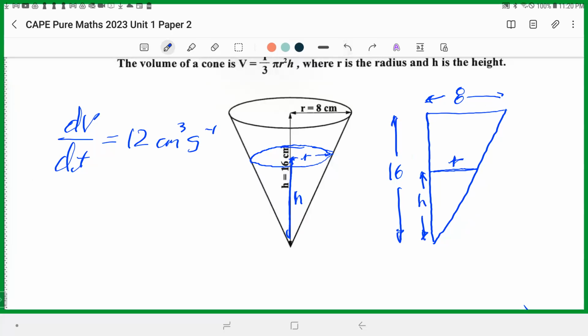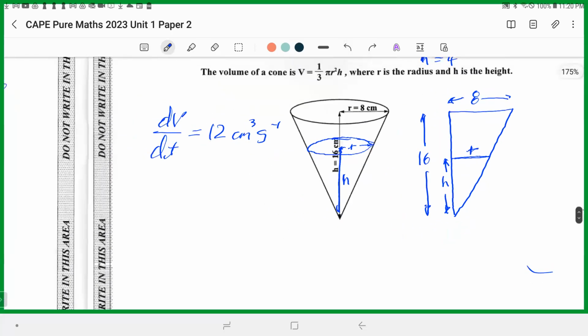So it gives us a relationship between the r and the h. The ratio of corresponding sides is equal. So we can say h over r will be equal to the overall height of 16 over 8. It will always be 16 over 8, which is 2.